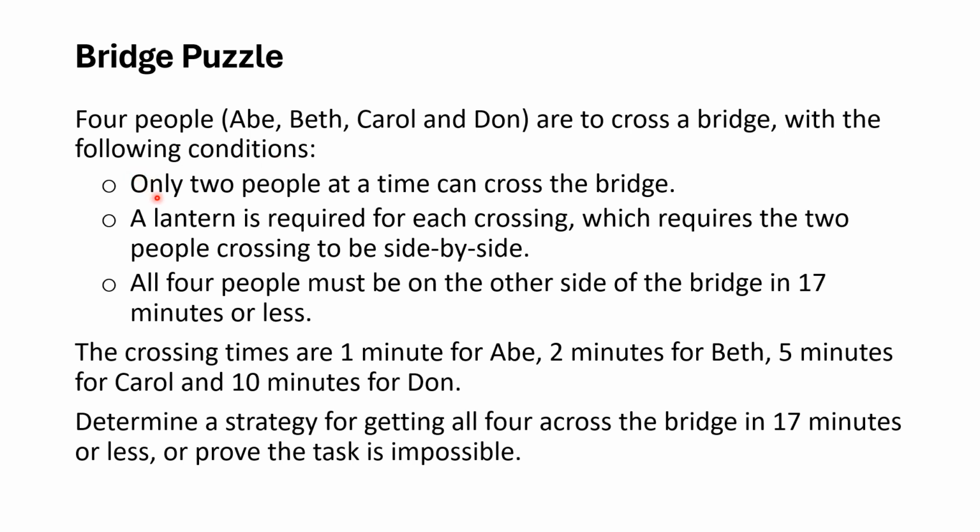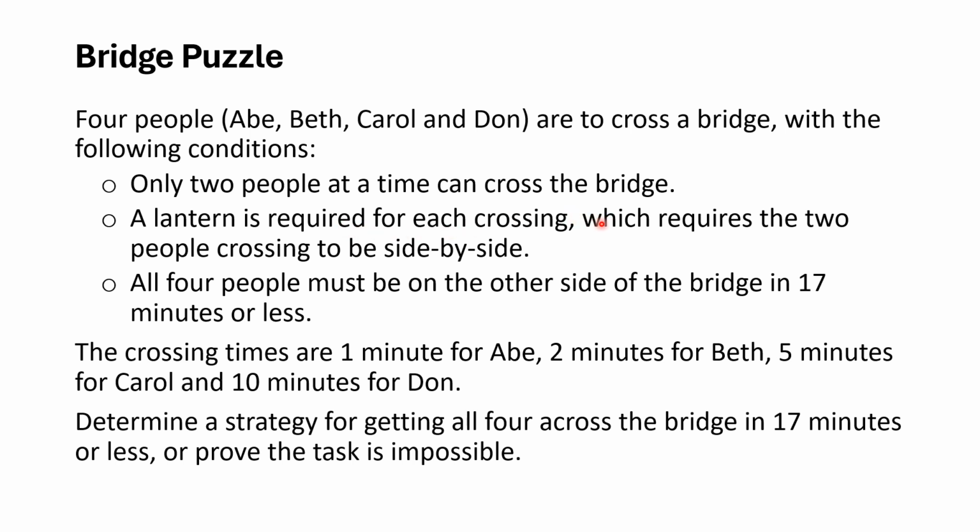So only 2 people at a time can cross the bridge because it's very flimsy, and otherwise it'll break. It's also very dark, and it would be dangerous to try to cross without lighting your path. And so there's one lantern that the 4 of them have between them, and that's needed for each crossing, either going to the other side or coming back to the original side.